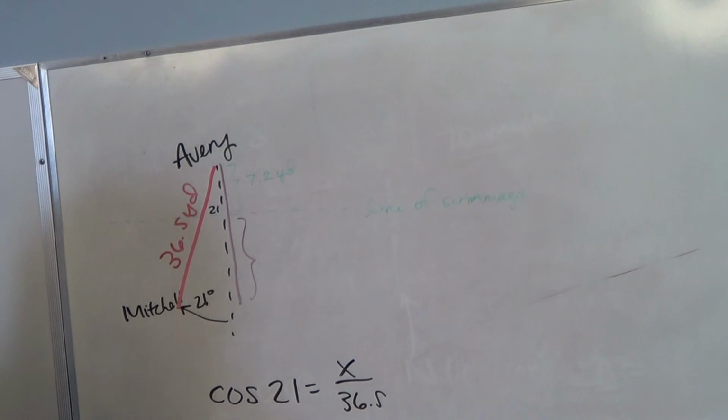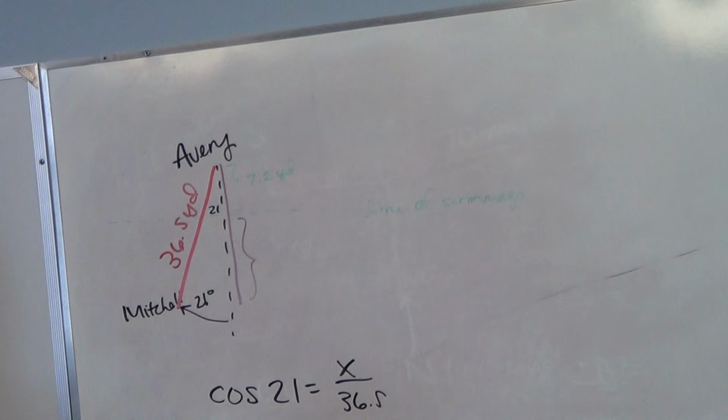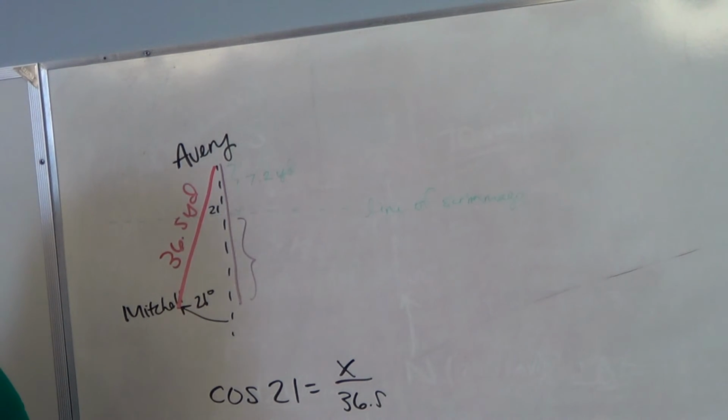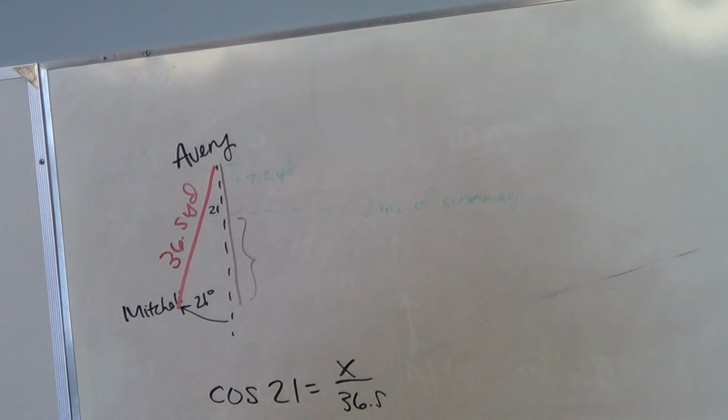So 36.5 times the cosine of 21 equals x. And to figure out how many yards they gained, after you get that, you'd have to subtract the 7.2, because they were behind the line of scrimmage. And that should give you 26.9.